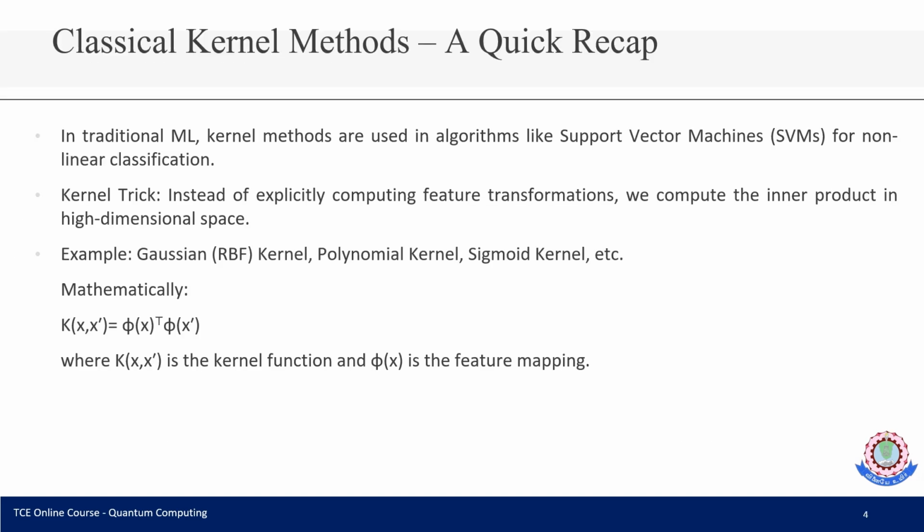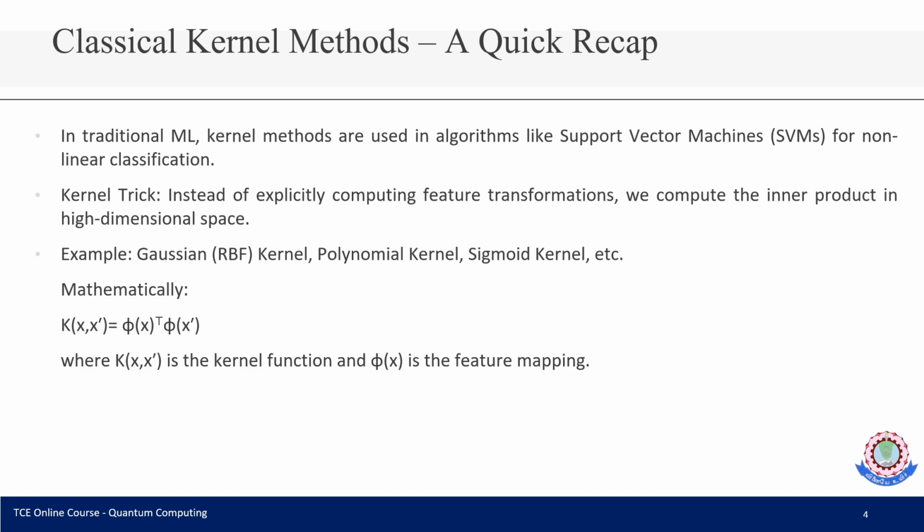Classical kernel methods, a quick recap. In traditional ML, kernel methods are used in algorithms like support vector machine for nonlinear classification. The kernel trick is that instead of explicitly computing the feature transformation, we can compute the inner product in high-dimensional space. Examples are the Gaussian RBF kernel, polynomial kernel, and sigmoid kernel.